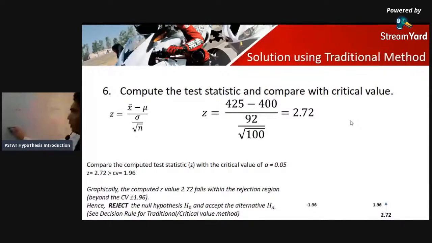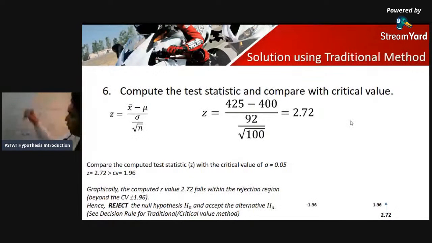In your standard normal curve, your mean here is 400. Just try to locate 1, 2, 3, negative 1, negative 2, and negative 3. Your critical value is this line, so this is 1.96, the critical value, and you have negative 1.96 here.